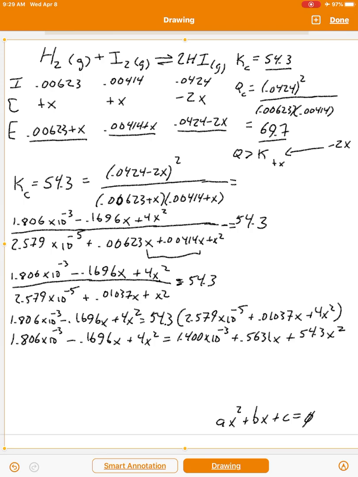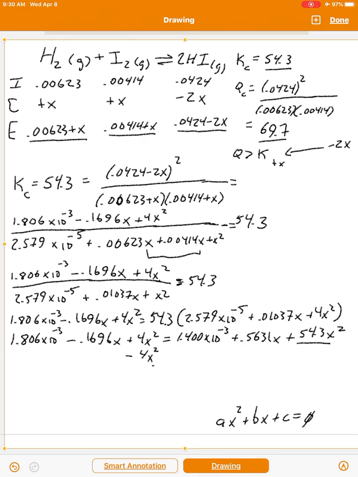Now what we can do is start combining like terms. So I'm going to choose to put everything on the right side of the equation over here so that our leading coefficient is positive. So I'm going to move everything from the left over to the right. The way we do that is we do the operation that makes it 0 on the left. So if this is plus 4x squared on the left, subtracting 4x squared will make that 0.